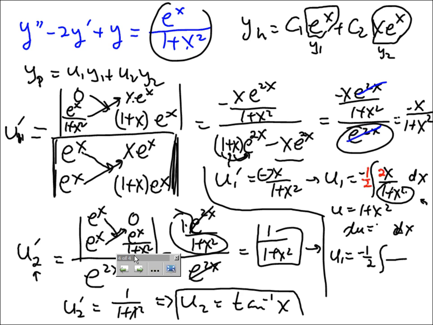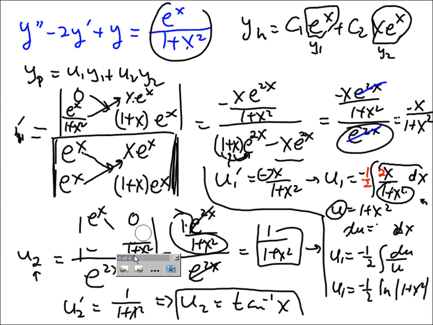Well, the bottom, 1 plus x squared, I'm calling it u, and the top, 2x dx, is du. So u1 is negative a half ln of u, but that happens to be 1 plus x squared. So I have u1, I have u2.